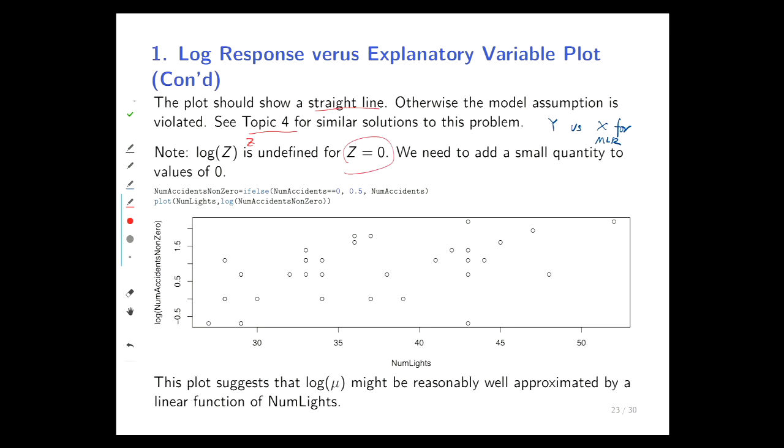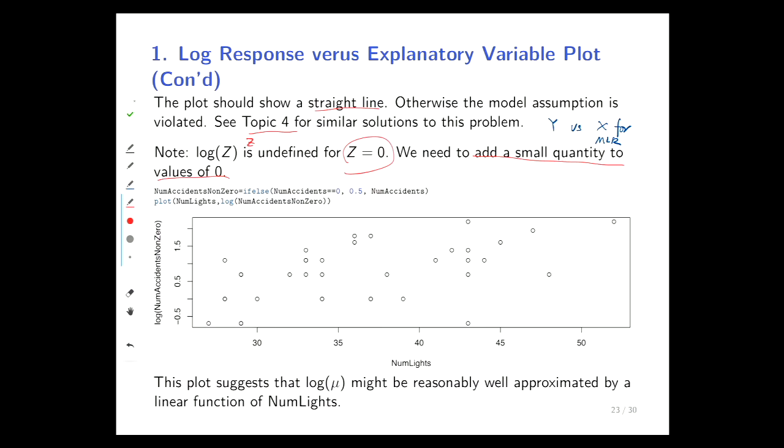So in this case, in order to avoid this kind of strange case, we need to add a small quantity to values of 0 if we really have that situation. And I think if you still remember this, it's really similar to the case for the binomial logistic regression model, because in binomial logistic regression model, we typically have the same situation.